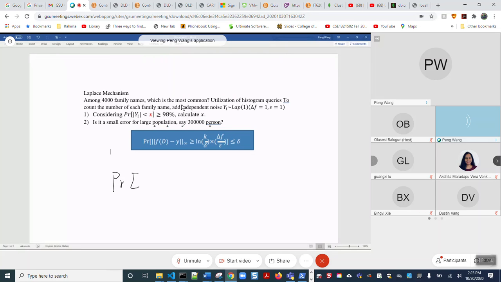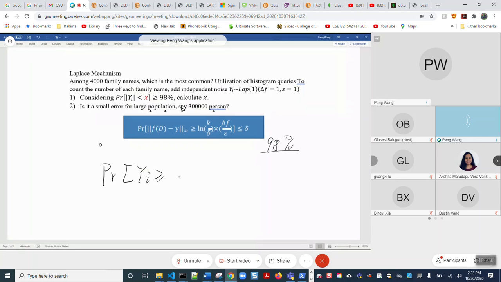Actually, it should be, because here is 0.98, and then it should be less than. It's larger than.